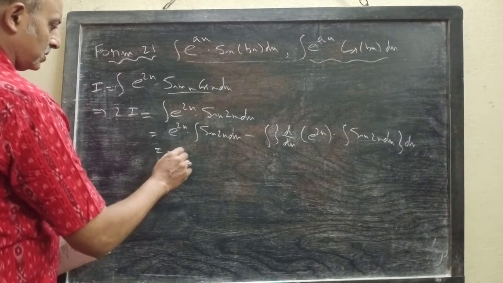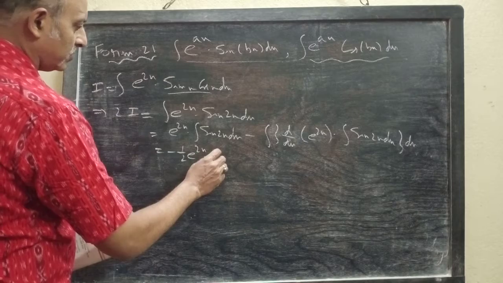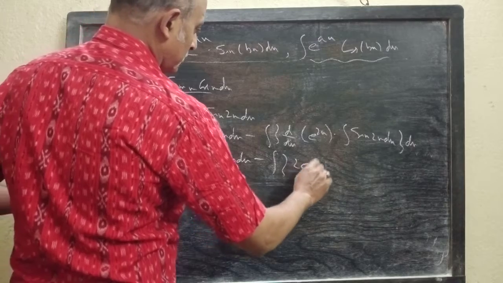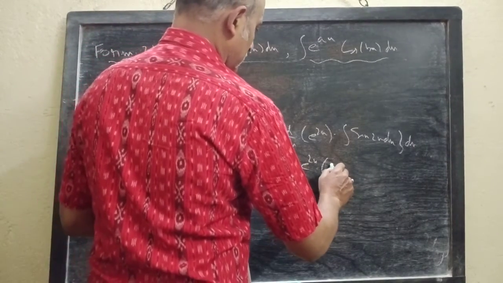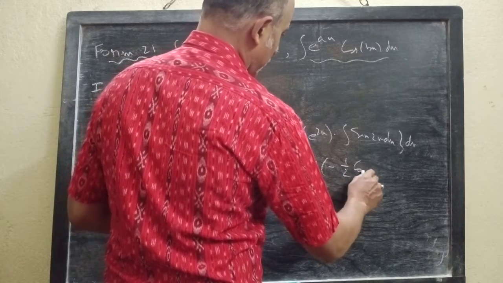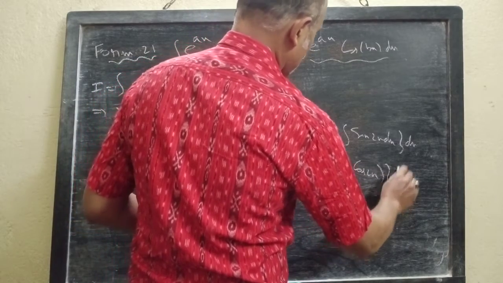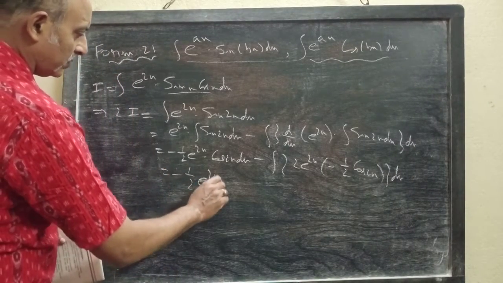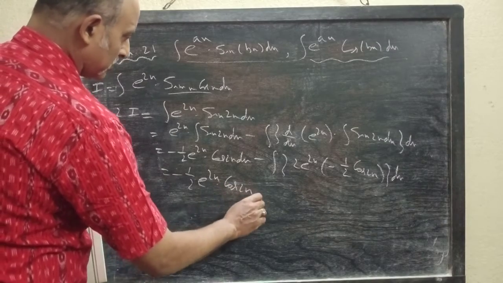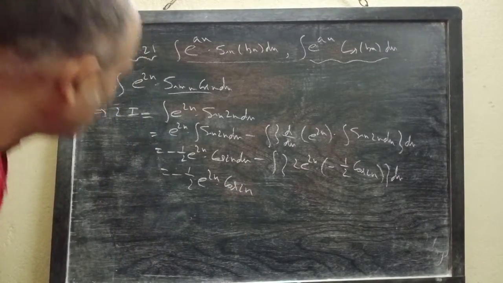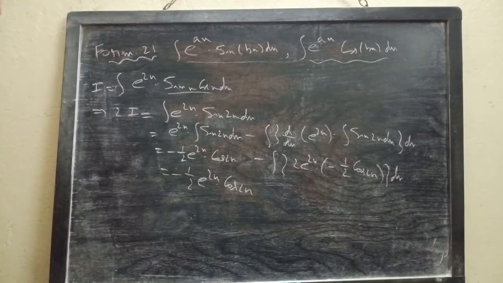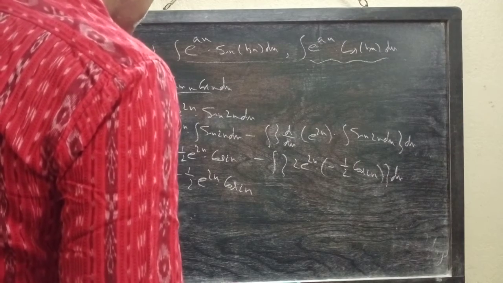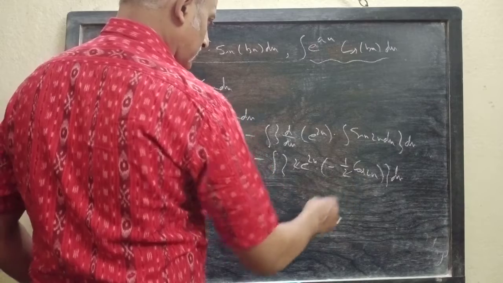This is minus half e to the power 2x cos 2x minus integration of 2 e to the power 2x times minus half cos 2x dx. The 2 cancels.